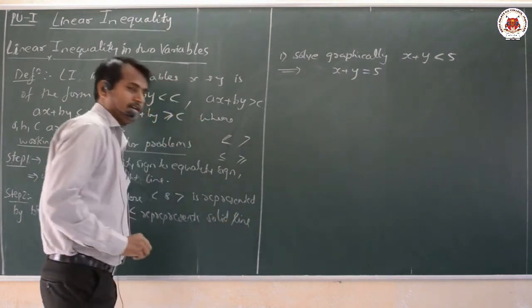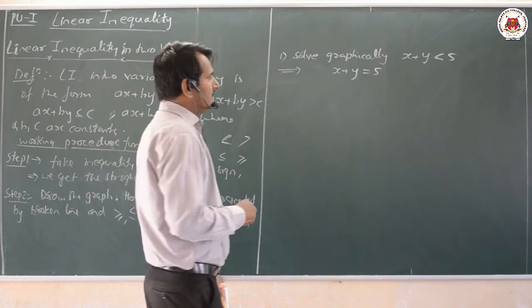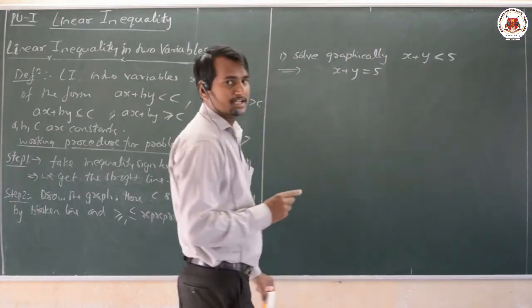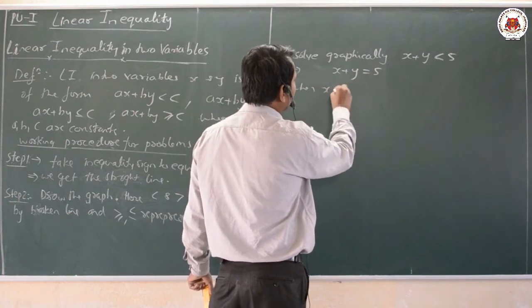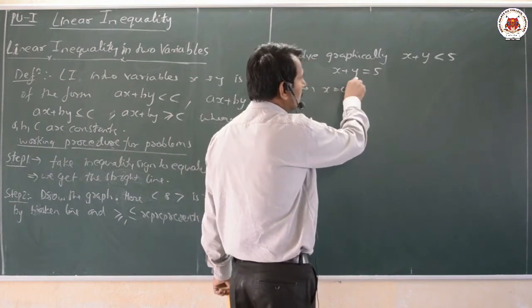Okay, that is the solid line. So now we shall solve it. To draw the graph of this particular equation, when x is equal to 0, what happens to y here?